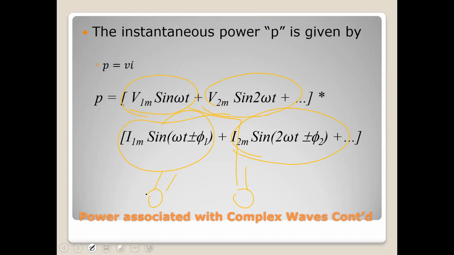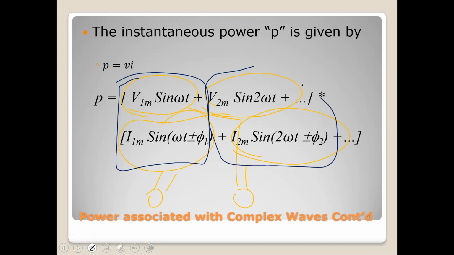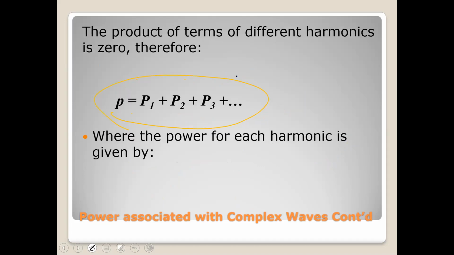So only where they are like harmonics will I get an output or get a value. I'll get a value when I multiply those two. I'll get a value when I multiply those two. The third harmonic times the third harmonic for the voltage and the current respectively would also give me an output, and so forth and so on. So the point here is that the product of different harmonics will be 0. And so I end up with P being equal to P1 plus P2 plus P3.